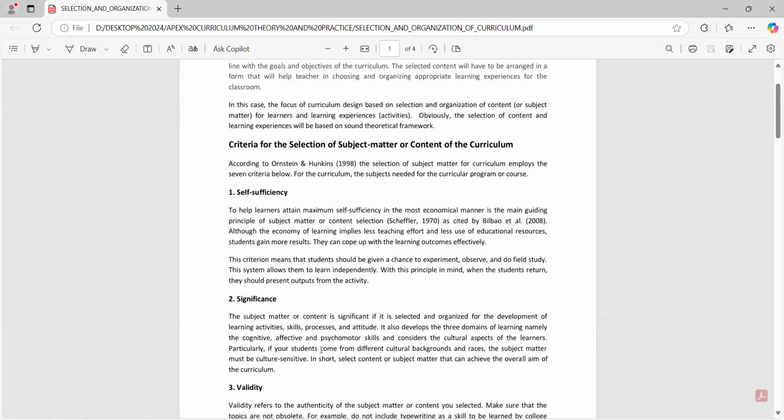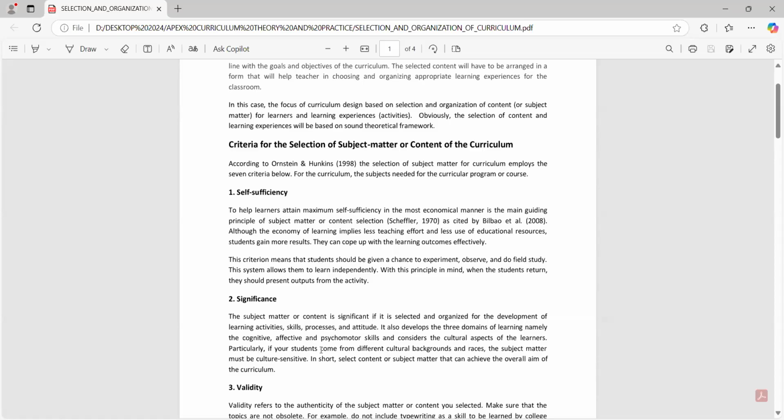So when you select the content, self-sufficiency is important. So you have to select subject matter which can be easily taught, which is economical in terms of teaching efforts and the utilization of resources, and which allows the students to engage in learning independently by doing experiments, observations, and field study.